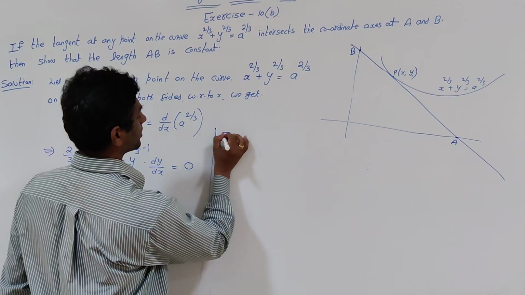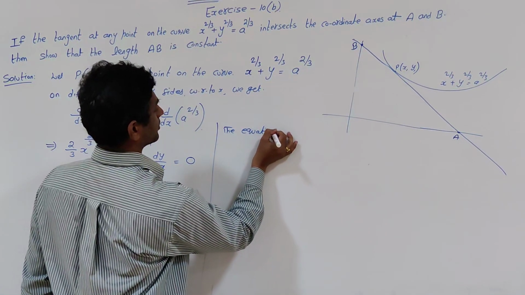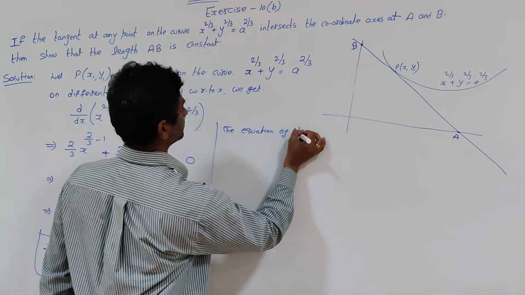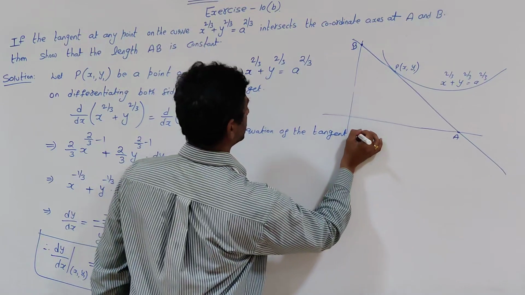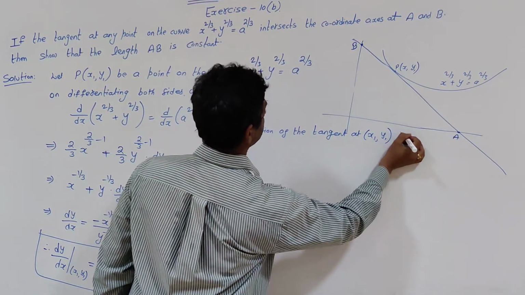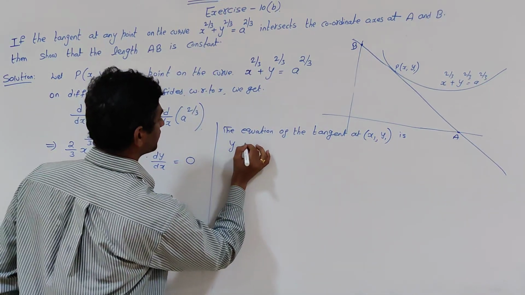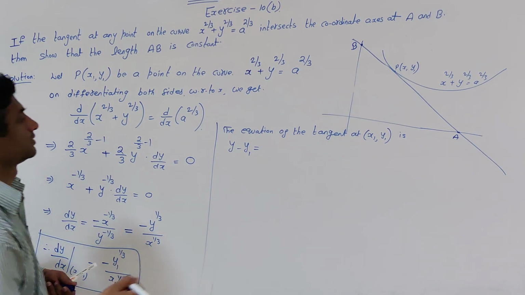Now the equation of the tangent at x1 comma y1 is y minus y1 is equal to slope. What is the slope?